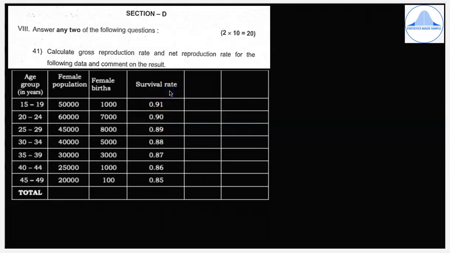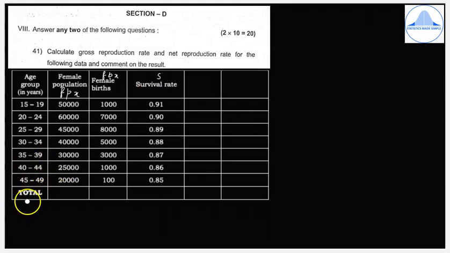So the first step is to mark the columns. The female population we will mark as FPX, female births we will mark as FBX, and the survival ratio or the rate we will mark as capital S. So now let us start the problem.